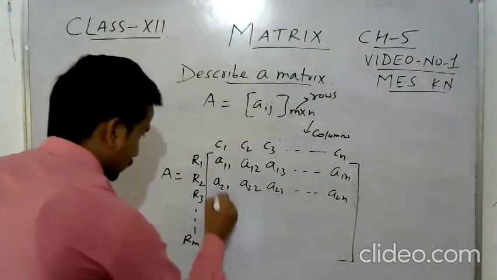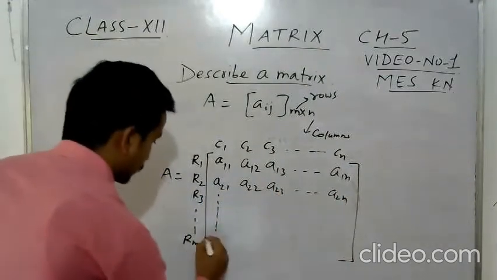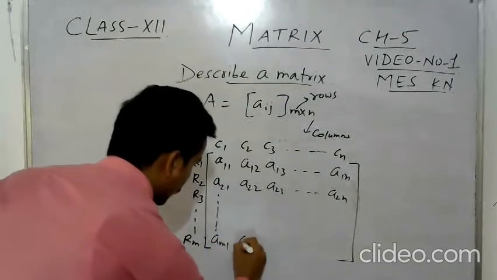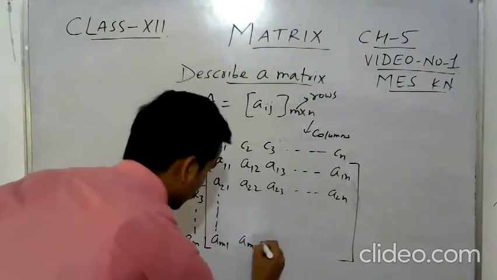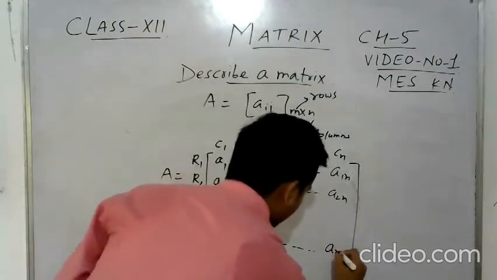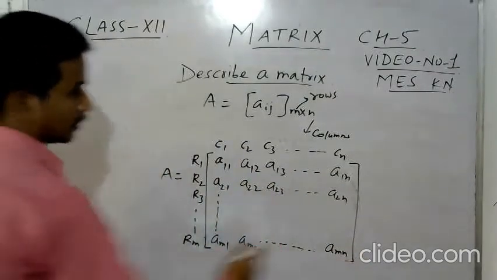The last row, the mth row, will be named am1, am2, and similarly it will go up to amn, which is the last element of this matrix.